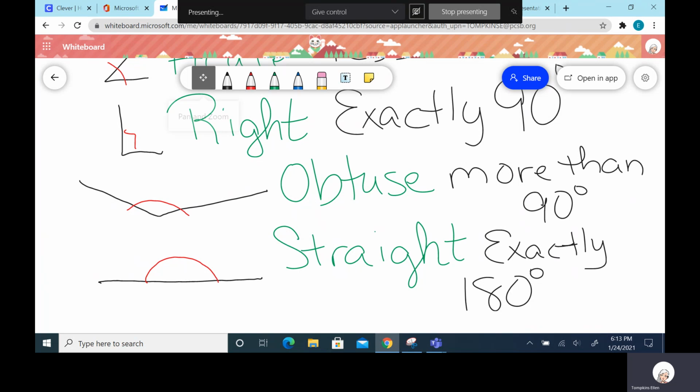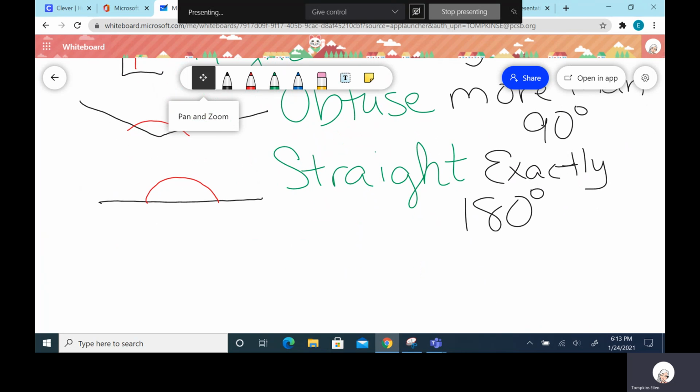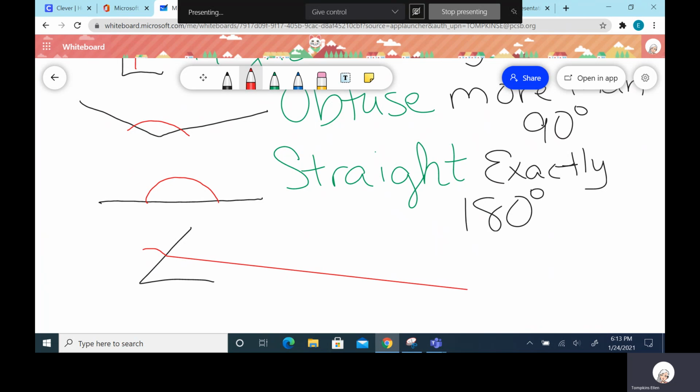Now, the last one that we have, you're not going to see this one, but I do want to throw it in there so you know that there are no other types of angles. It is this guy. You see how I have the angle?